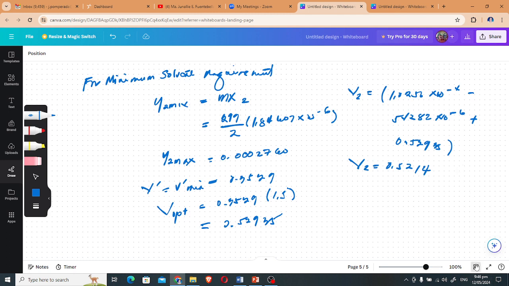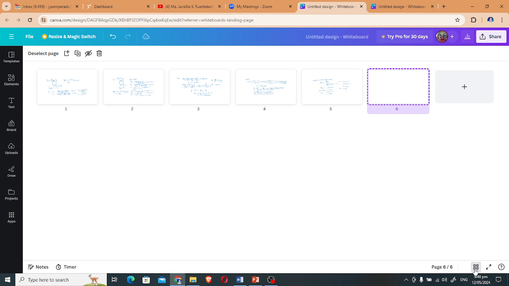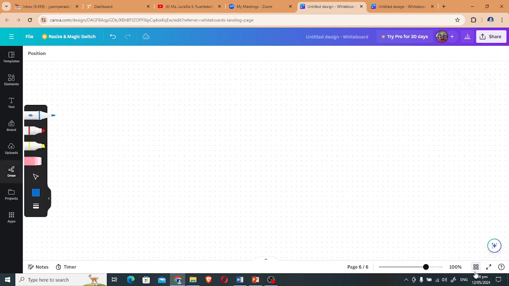Okay, we'll add another slide. As for the gas absorption factor A1, that would be L1 over MV1. And your L1 a while ago is 55.556 plus 1.0256 times 10 raised to negative 4.